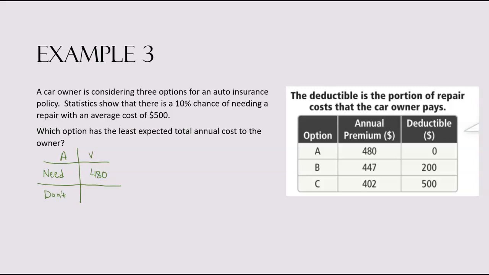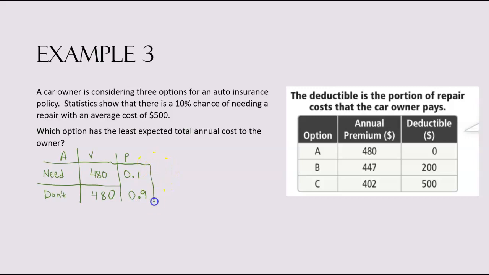And we're also going to pay $480 if we don't need a repair, because that premium is going to get paid no matter what. So I don't care what the probability is. Well, I'll figure out what the probability is. The probability of needing a repair is 0.1, and the probability of not needing a repair is 0.9.